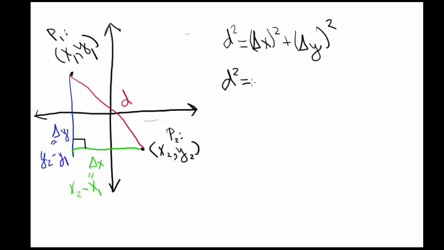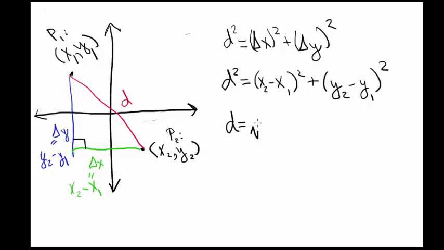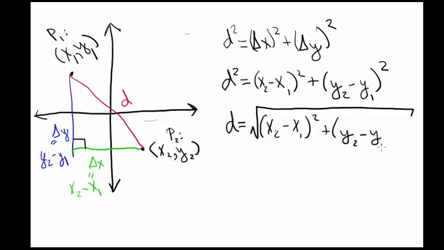So our distance formula comes from the Pythagorean theorem. It says that d squared is x2 minus x1 squared plus y2 minus y1 squared. Notice that this quantity on the right is going to be positive, so taking the square root will not be a problem. And we see that our distance is a positive square root, because distances should be positive, of x2 minus x1 squared added to y2 minus y1 squared.